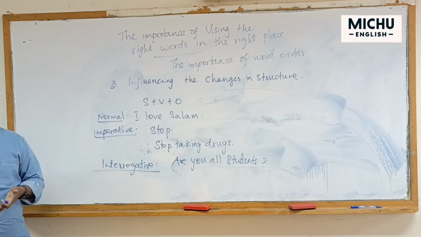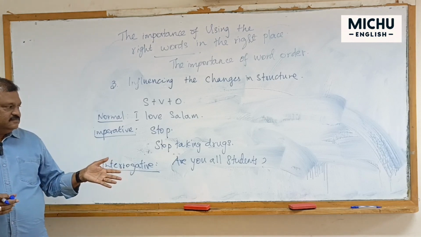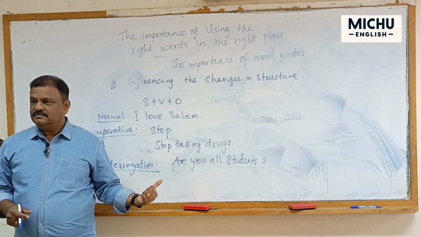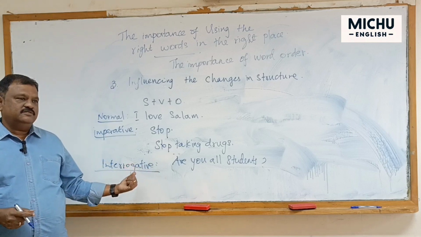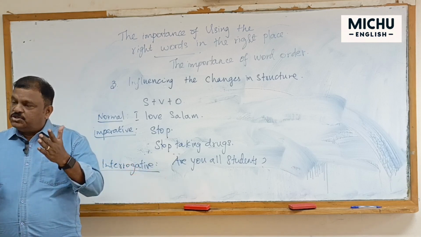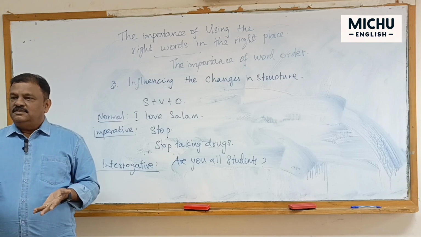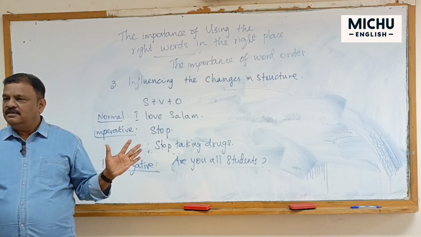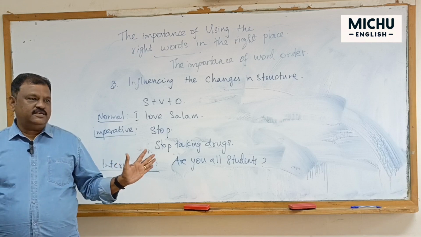Are you all students? We are not writing you are all students when we write an interrogative sentence. If you write you are all students, is it a question or just a statement? It's just a statement, right?